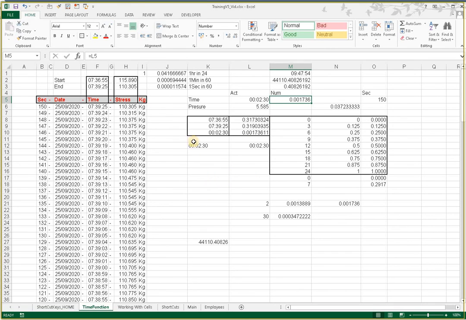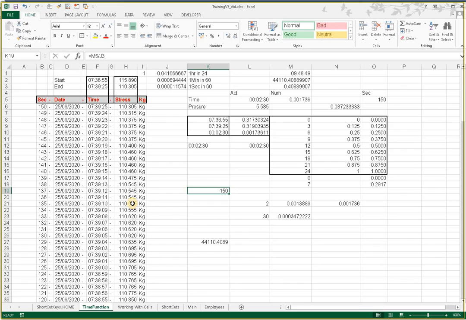And I could then say how many seconds go into that time. In the calculation, I say it is equal to that divided by the number of seconds, and I get exactly 150, which is the number of seconds it took to get from 7:36:55 to 7:39:25.